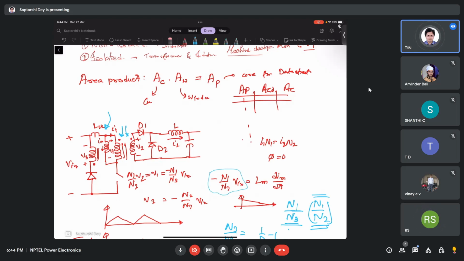You will see that the integration of v dt equals 0. In fact, the volt second balance of this magnetizing inductance only gives us the required number of turns of the tertiary winding to make sure that it can discharge completely before the next cycle starts.